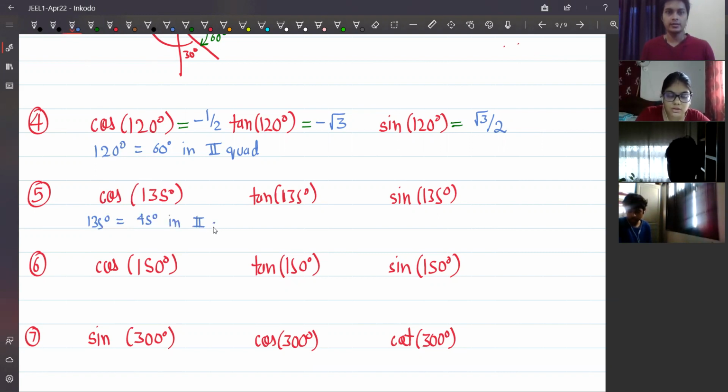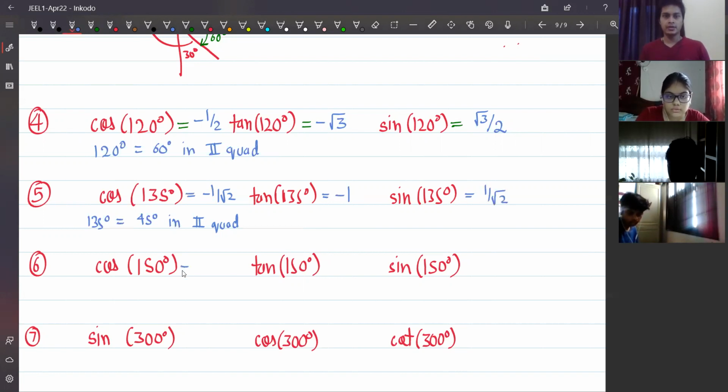You can write it like this. Okay, cos 135 is minus 1 by root 2. tan 135, minus 1. sin 135, 1 by root 2. That is correct.